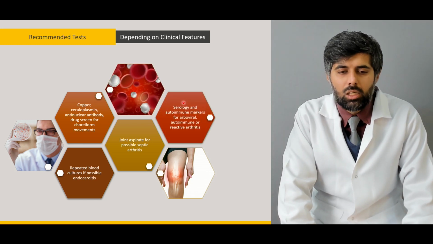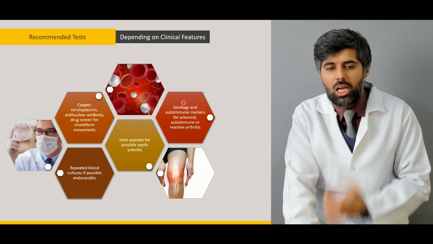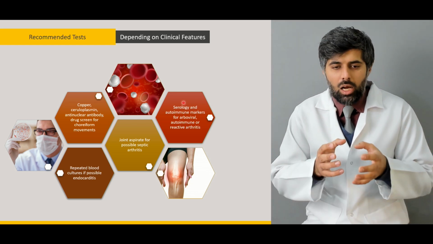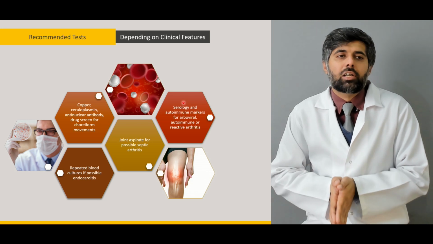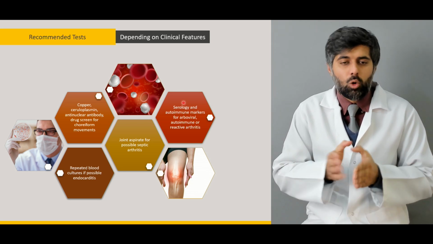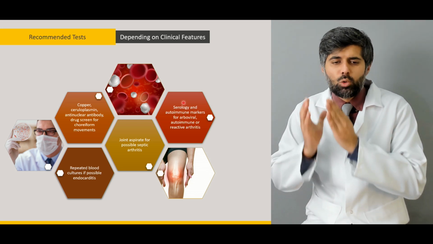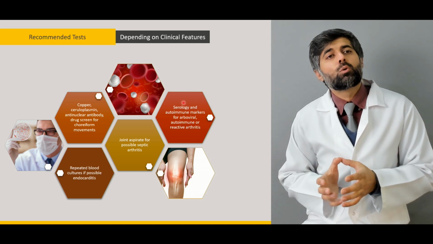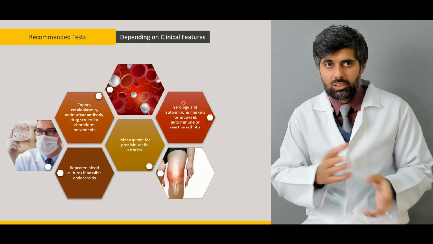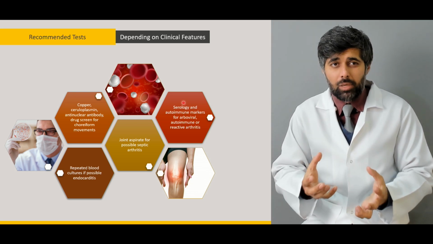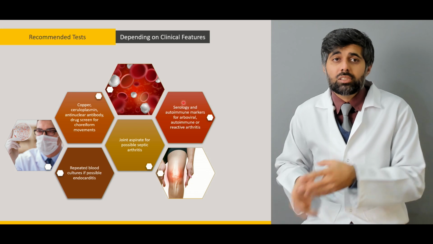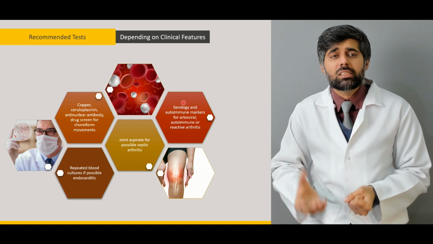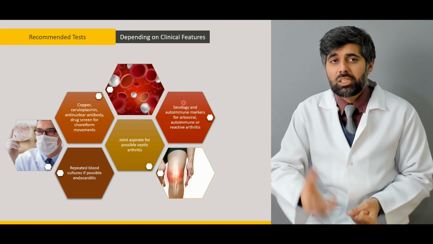manifestations. Next is the serology and autoimmune markers for arboviral, autoimmune, and reactive arthritis. Now, again, this is only done if we have some kind of notion, or if there is some kind of epidemic where the arbovirus is common, or we have some kind of evidence that we should perform this test.